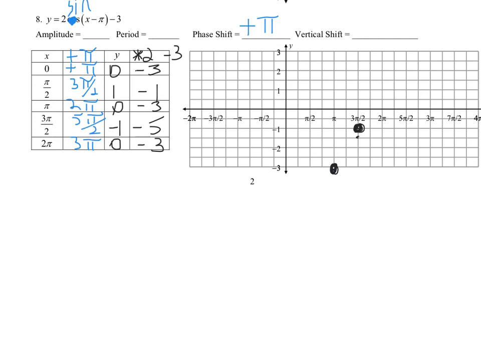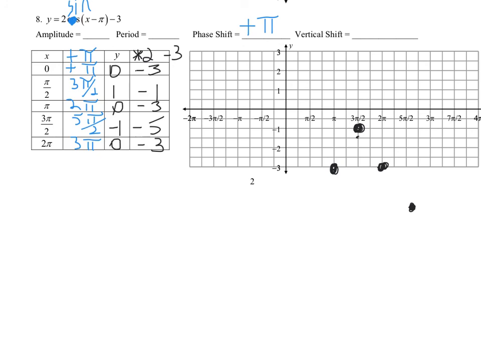And then at 2 pi, I'm going to be at negative 3 again. And then at 5 pi over 2, I'm at negative 5, which is way down here off the graph. And then at 3 pi, I'm at negative 3 again.